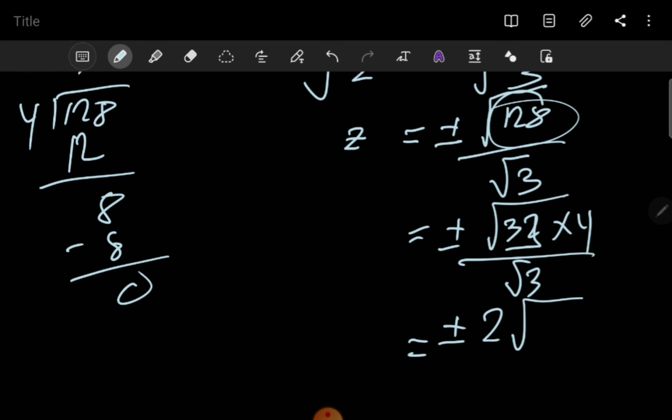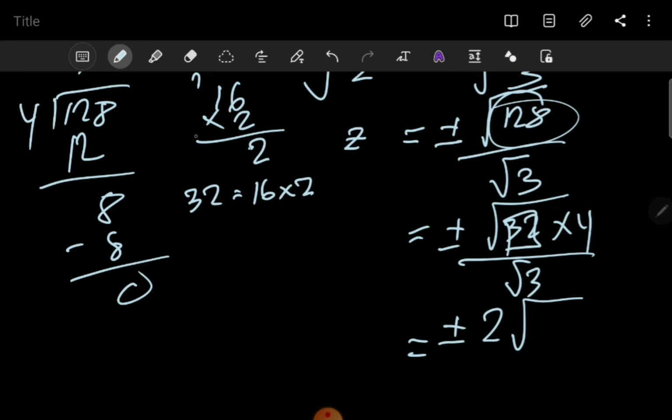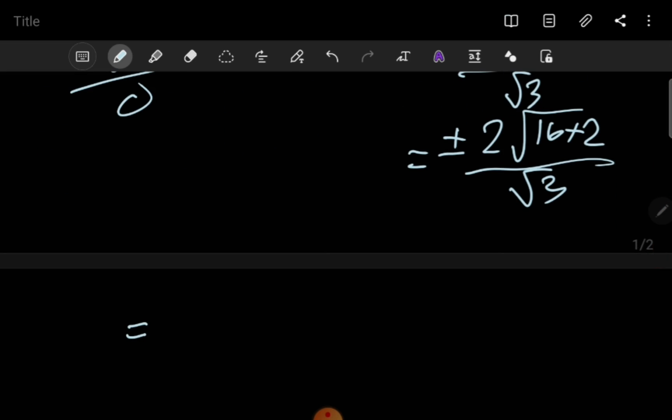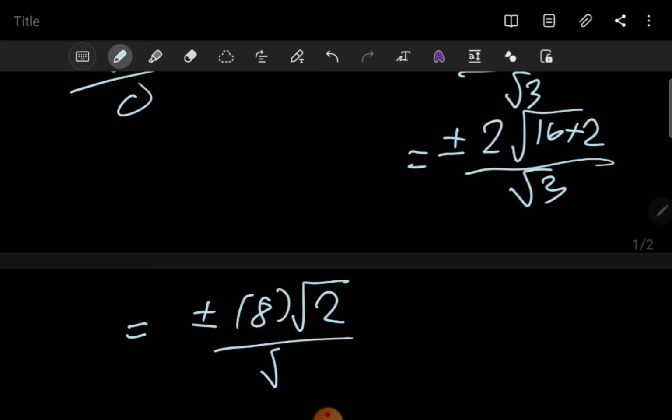And we know that 32 is actually 16 times 2, because if you multiply 16 times 2, that is 6 times 2, 12, and 1 times 2 plus 1 is 32. So therefore, 32 is equal to 16 times 2, over the square root of 3. The square root of 16 is 4, so it becomes 2 times 4, 8, times the square root of 2, over the square root of 3.